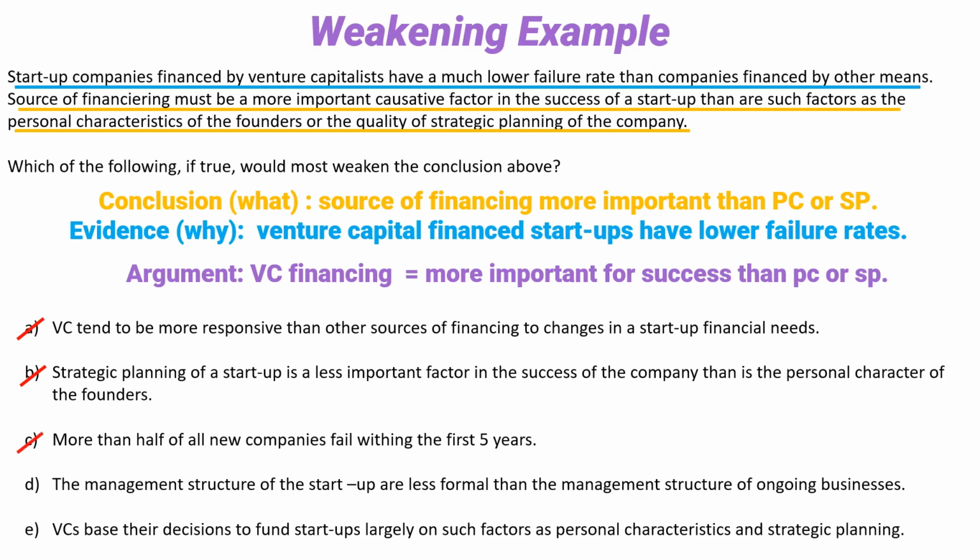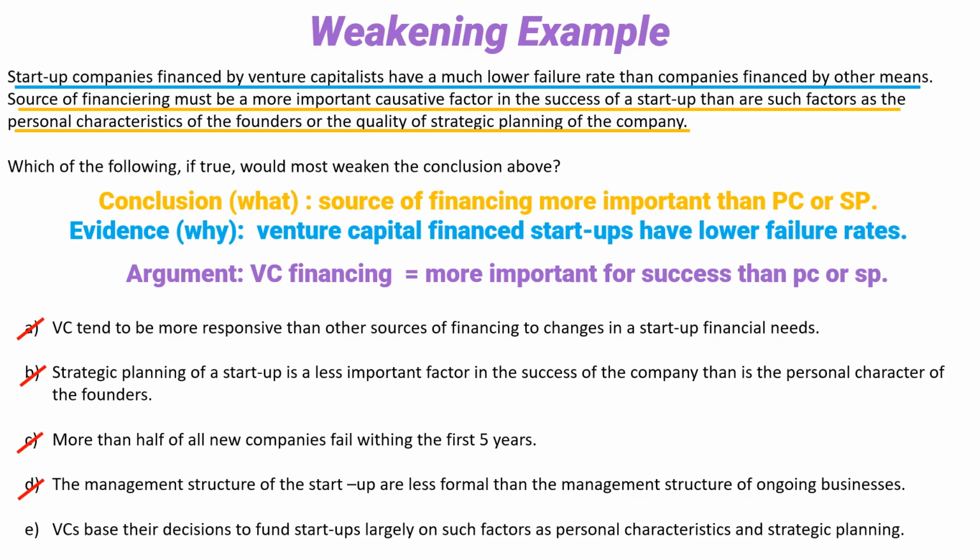C is clearly out. It doesn't mention anything about personal characteristics, strategic planning, or financing. And D is out for the exact same reason. We don't care about management structure. Boy, I really hope E is a good answer choice, and it is. E says that VCs recognize that personal characteristics and strategic planning are the drivers for successful startups, and getting VC money is just the proof that the startup has excellent strategic planning and the founders have the right personal characteristics.